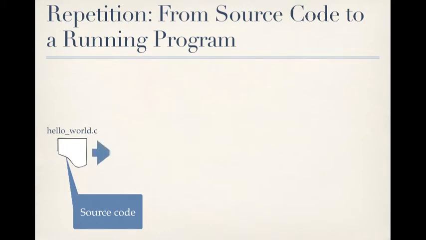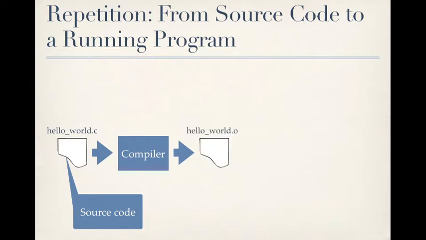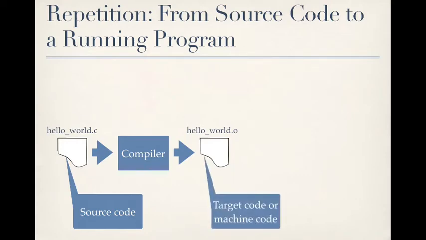Then we go through a compiler which generates another file, basically hello_world.o, which is the target code or machine code reflecting the functionality we have written down in the source code hello_world.c.